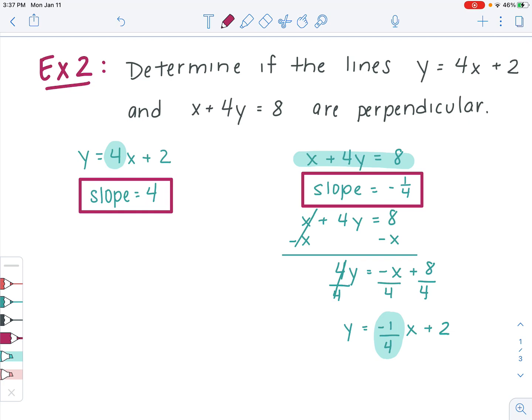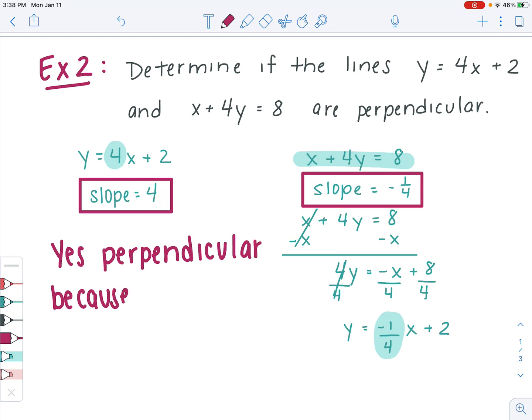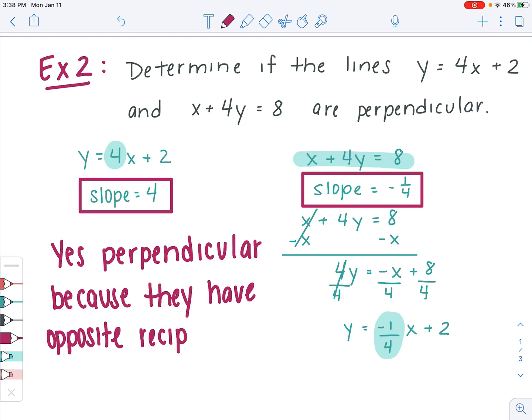So these lines are perpendicular, because they have opposite reciprocal slopes. So all you need to look for is that they have opposite reciprocal slopes to decide if they're perpendicular.